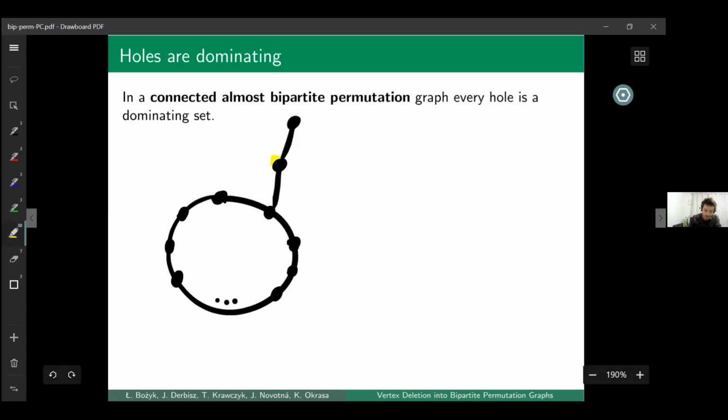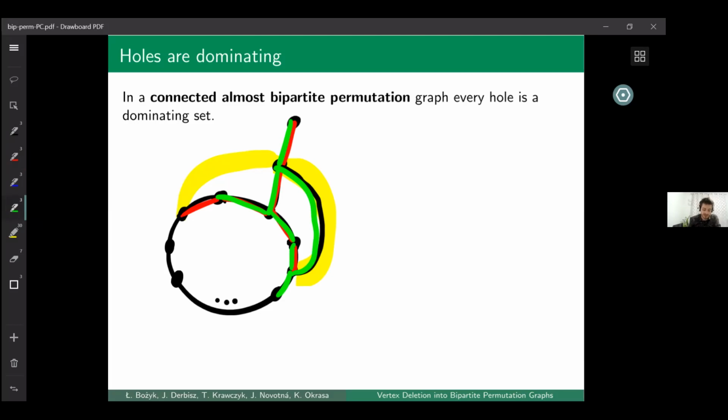If we look at this vertex and these 2 possible connections, if none of them is an edge, then we get this forbidden structure. If one of them was an edge, then we would get this kind of forbidden structure, knowing that the shortest hole is long enough, because it's of length at least 10. So that's an easy lemma proving that holes are dominating in our class of almost bipartite permutation graphs.